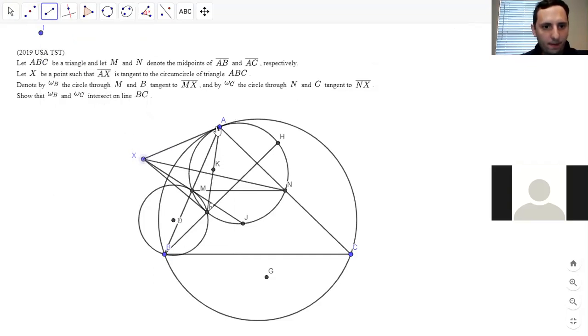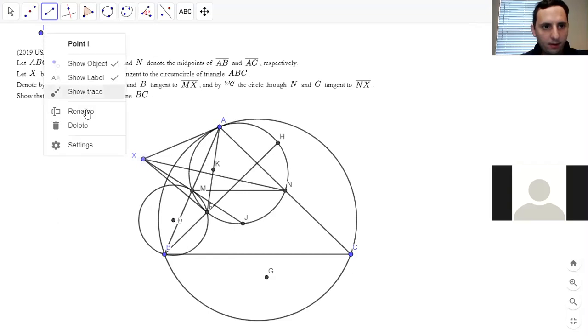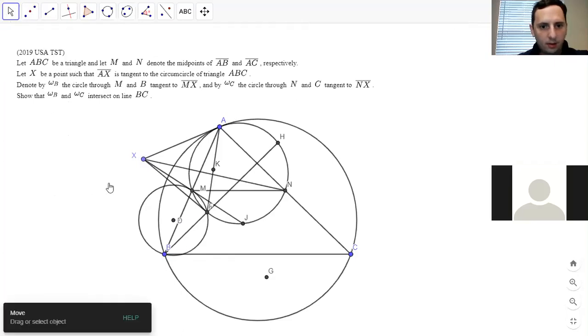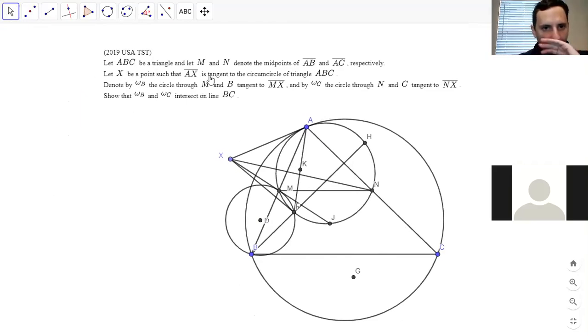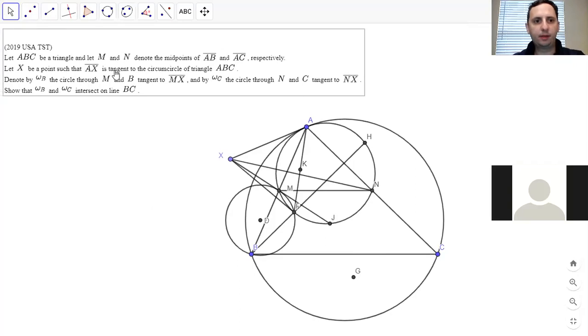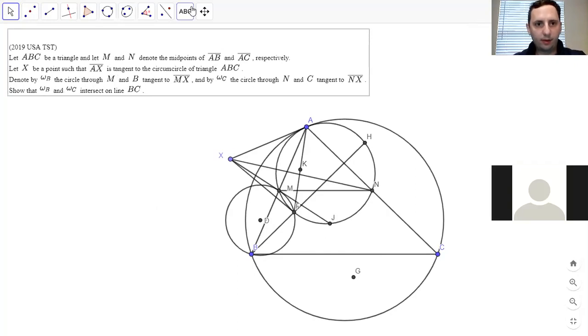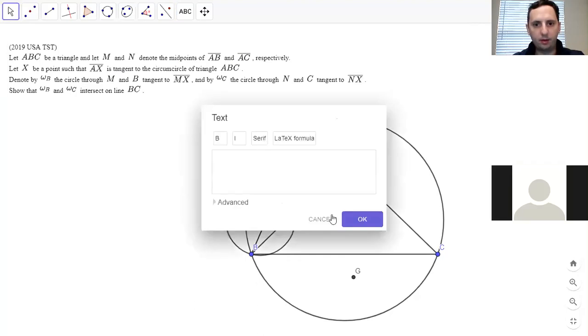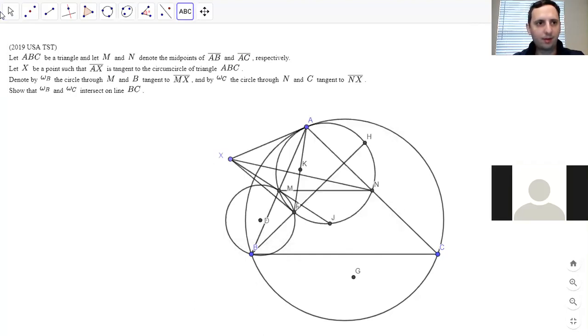So let F be the foot of the tangent from X to AMN, different from A, and let K be the midpoint of AF. Yeah, that's really nice.